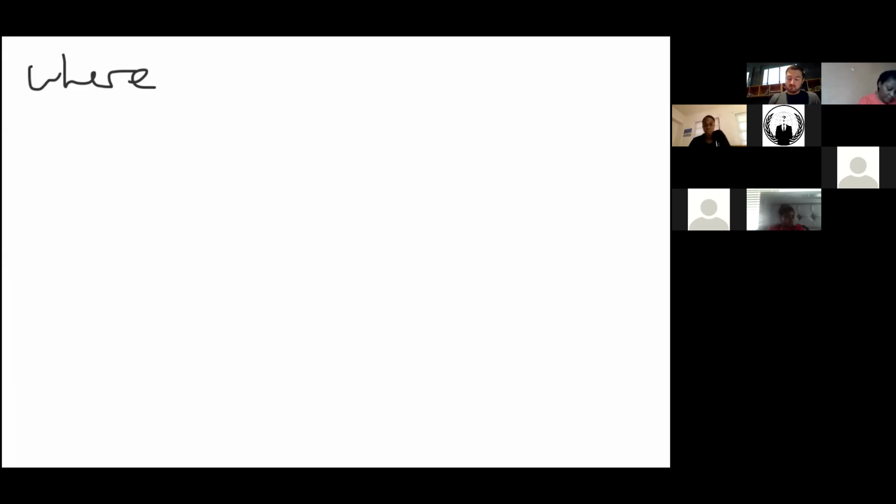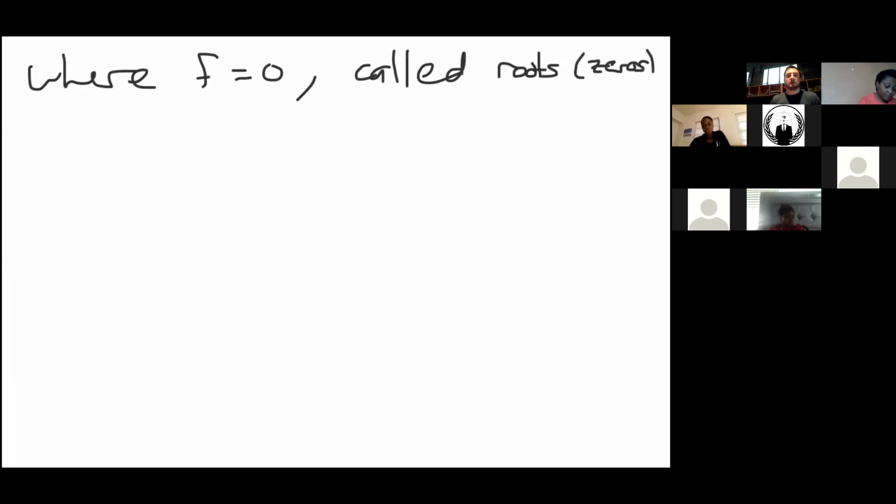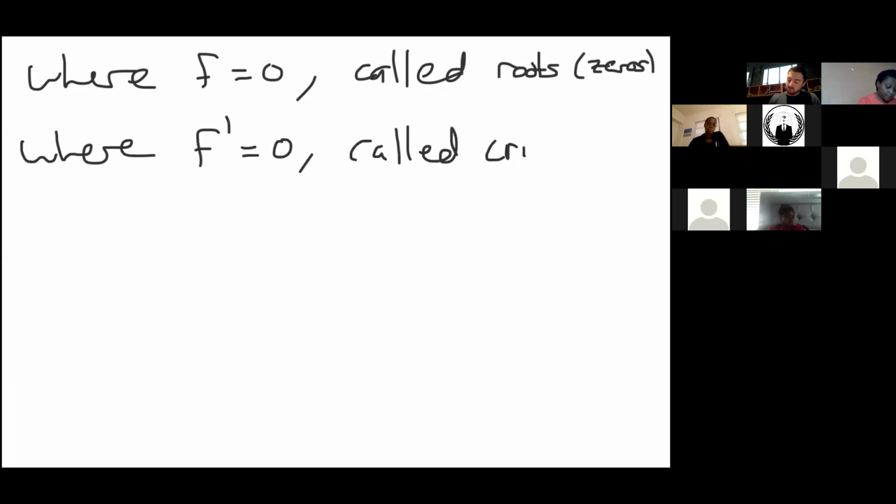Okay, so where my original function is equal to 0, those are called roots or zeros, right? And that's just terminology from our algebra days. What we built, where my derivative is equal to 0, those are called critical points.